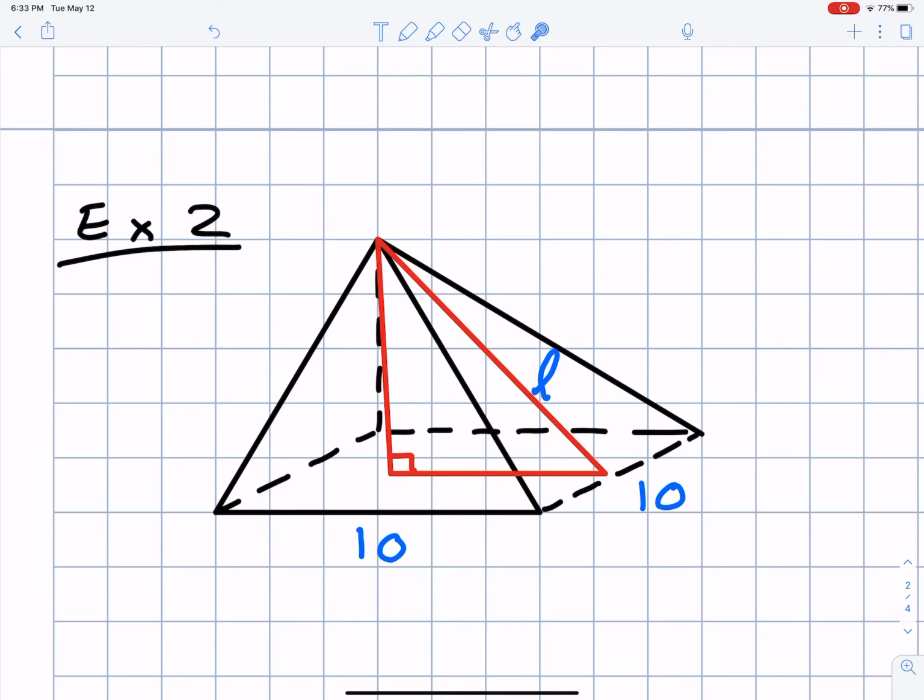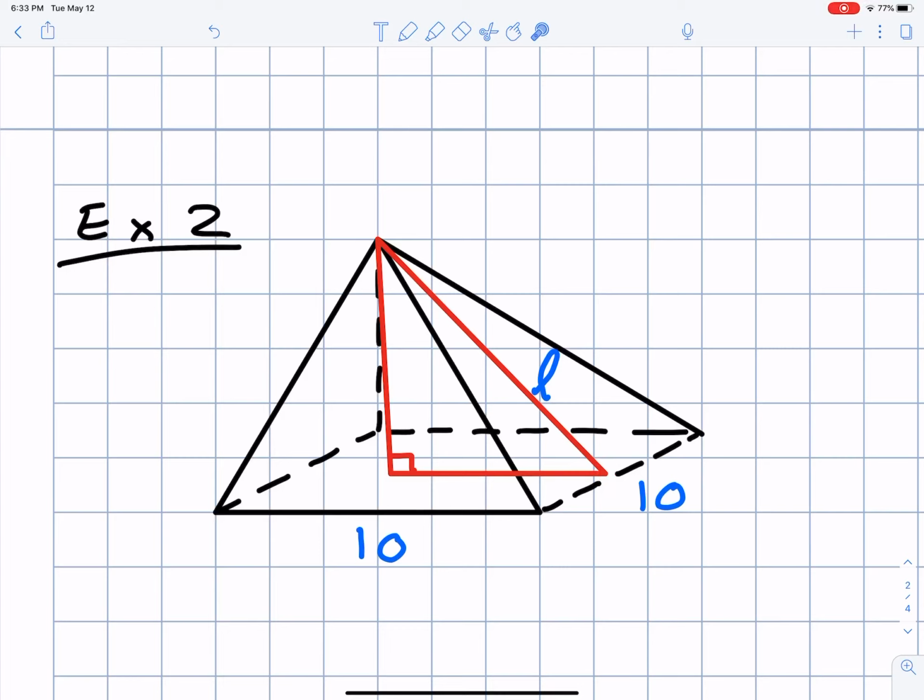But that height is the exact center of our square. And then we draw a line from there to one of the sides, and it will bisect that side because that original point was in the middle of the square. So this one, if we draw it perpendicular, will bisect this side.